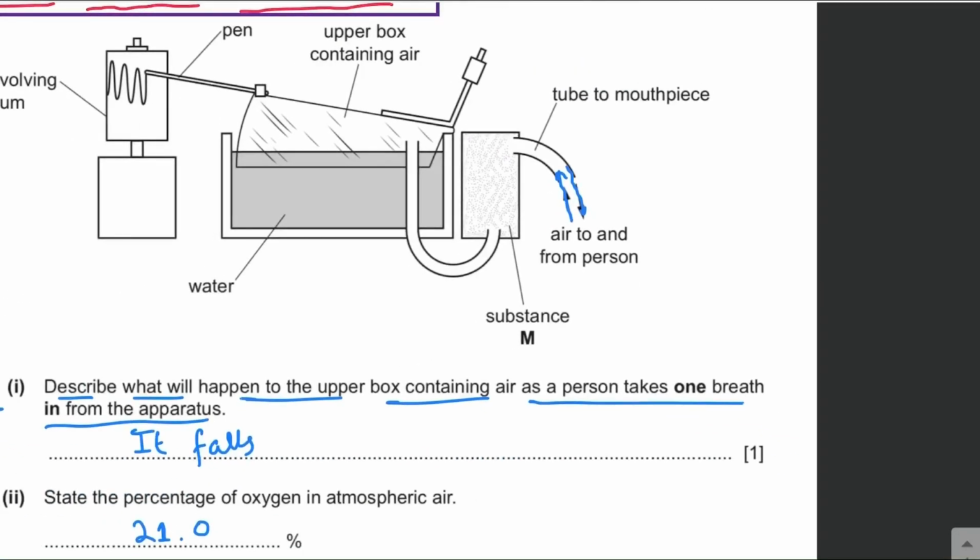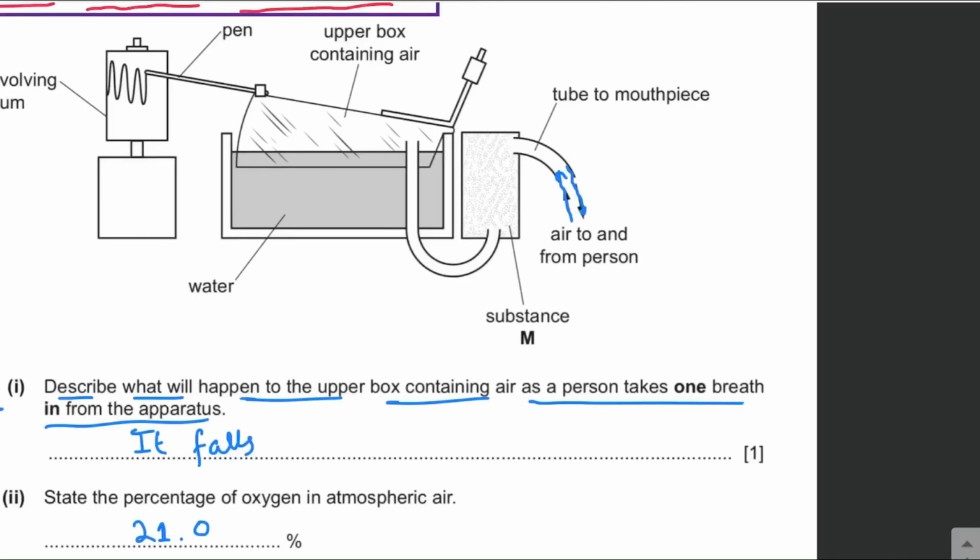Obviously, when the person breathes in, when the person inhales air, you know that the person takes up oxygen from the air. You know about gas exchange. Whenever we breathe in air, some of the oxygen from that air goes into our blood, and that is used in aerobic respiration.